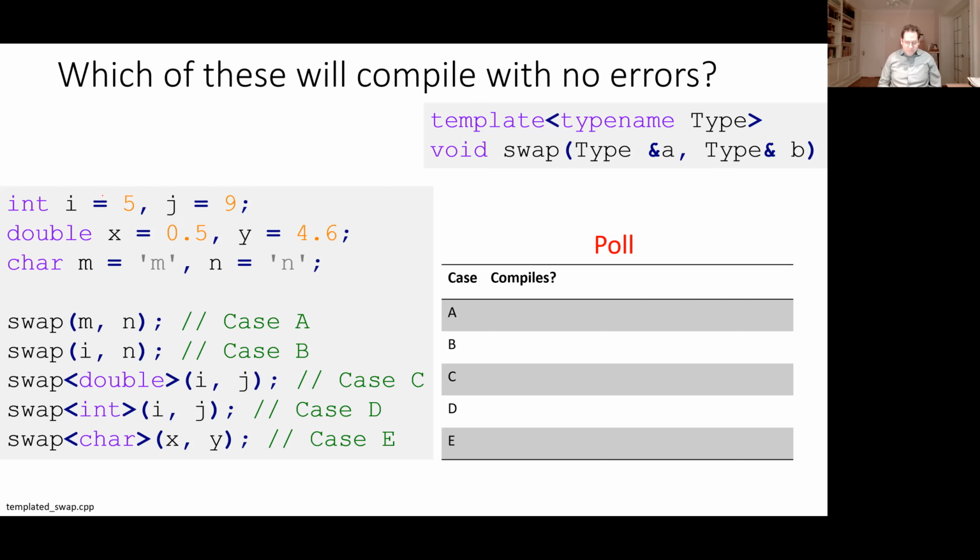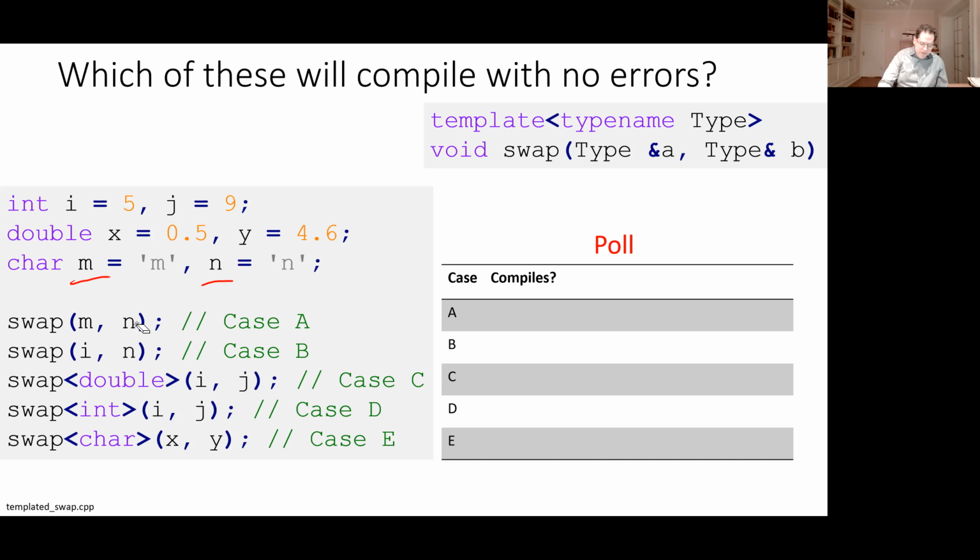The first line: we've got a character M, character N, swap of M, comma N, and 95% of people said it would compile, and that's exactly right. We have two different variables, they're both the same type, that matches. Characters do have the assignment operator defined, it's all fine.